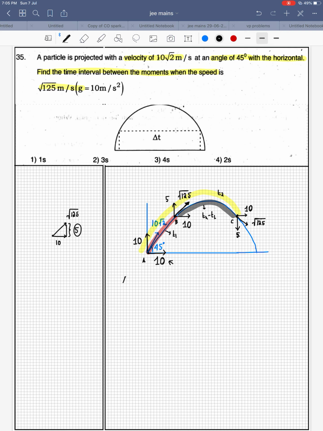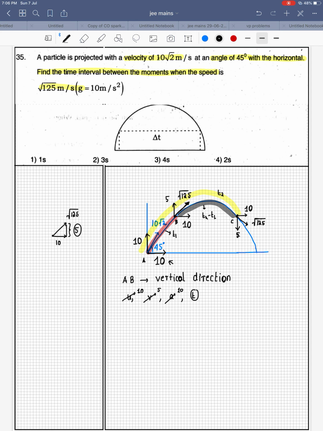So I will consider points a, b, c. For interval a, b, in the vertical direction, I have initial velocity u equals 10, final velocity 5, acceleration g equal to 10, and I want time.